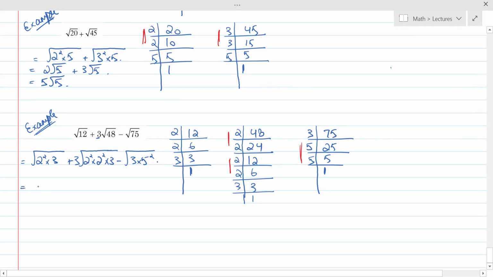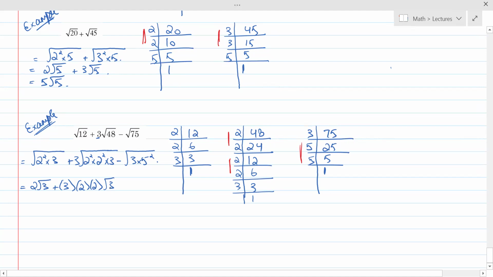So 2 square into 3 would become 2 root 3, plus 3 remaining outside the surd form. And there are two 2s having the square, so both the 2s will go outside, and this one single 3 remains inside.